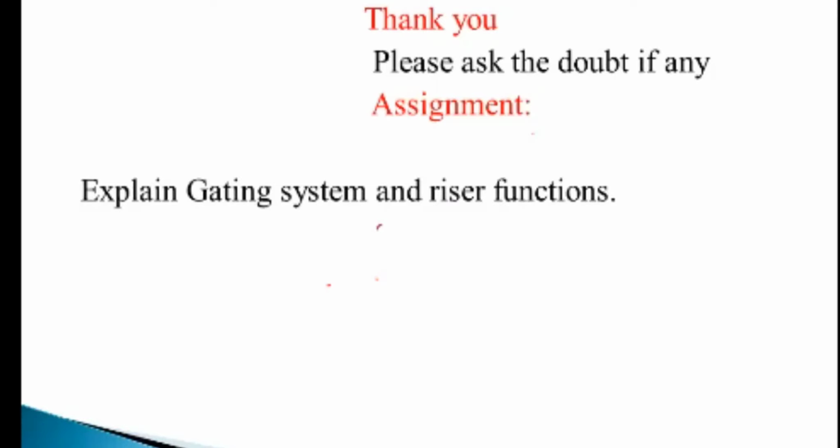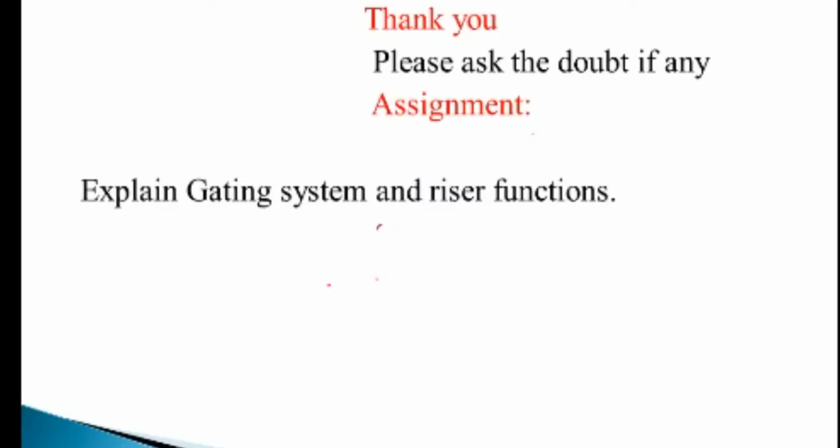How much volume? What should be the volume of the riser? The volume of the riser should be 3 times the shrinkage volume of the metal. These are all the riser requirements.